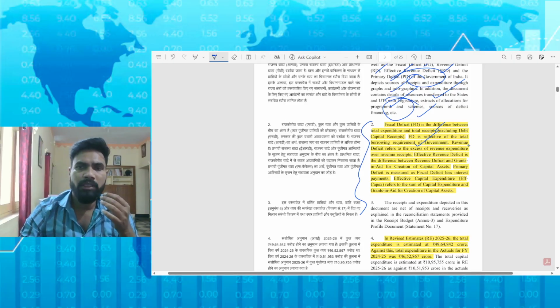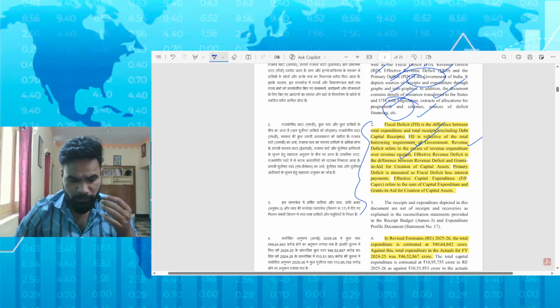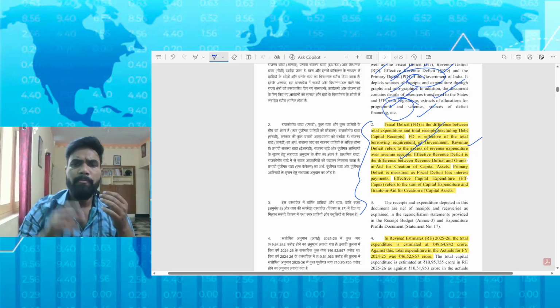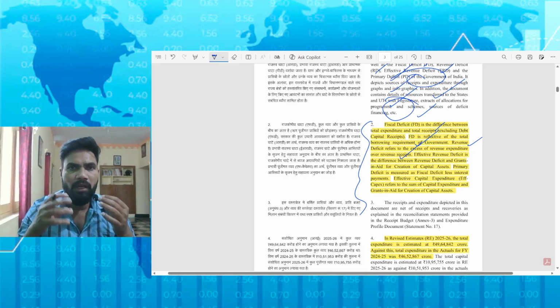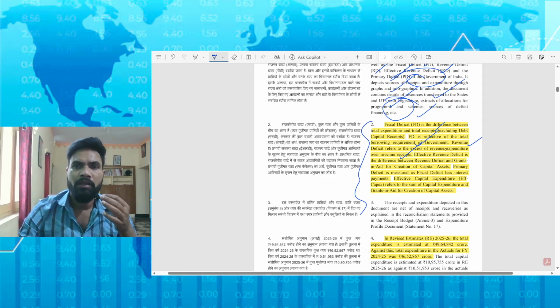Then revenue deficit. Revenue deficit refers to the excess of revenue expenditure over revenue receipts. Simply put, it is how much less we are earning to meet our day-to-day expenditure from the point of view of the government. That is known as revenue deficit. Effective revenue deficit is the difference between revenue deficit and grants in aid for creation of capital assets.